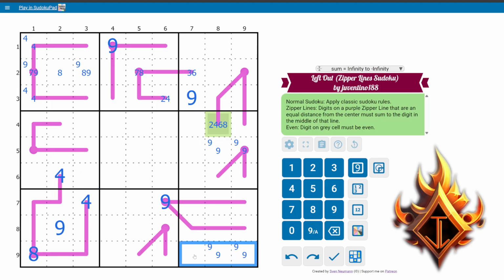So the total of this is 18. One of these will be 8, 1. Seems fine.